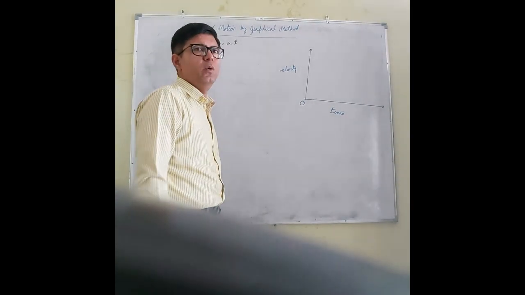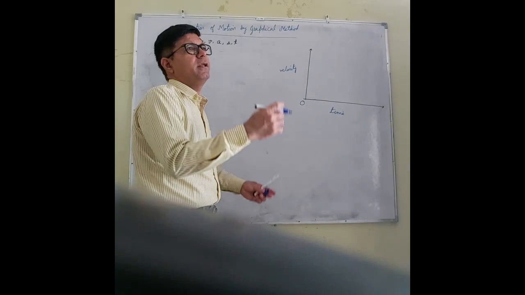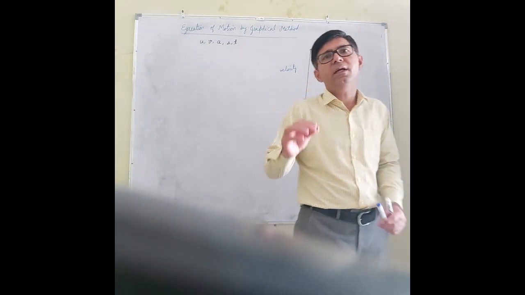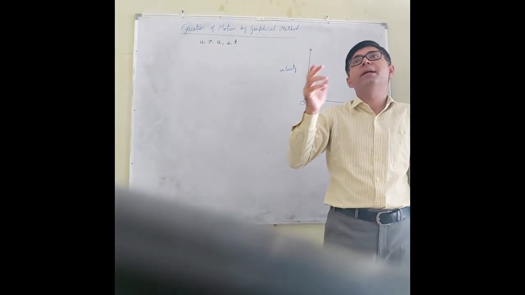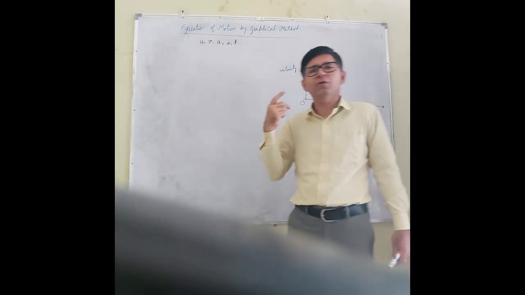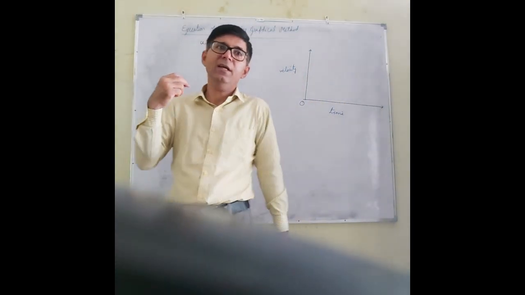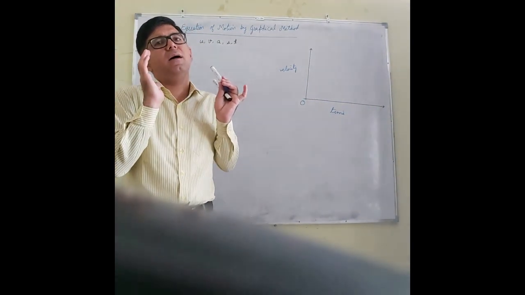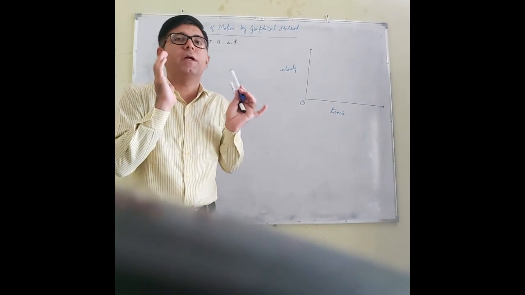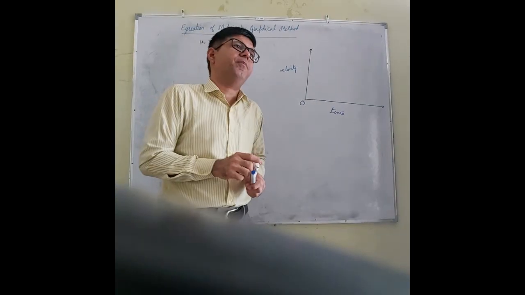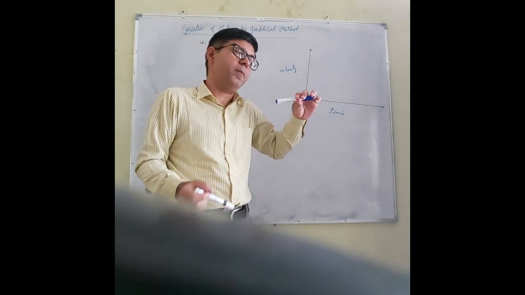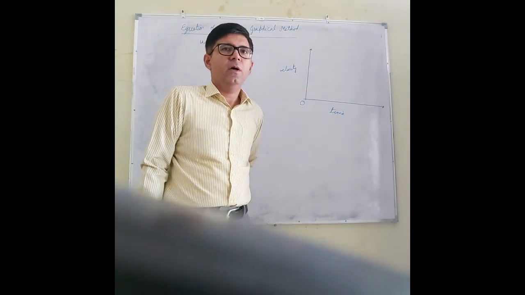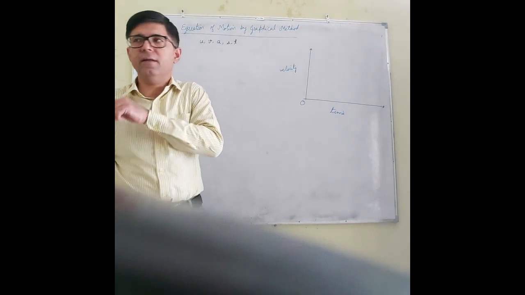If I ask you what initial velocity means, it is the velocity in the beginning. It is the velocity when you started observing a body. Let us say this marker is at rest. Now you are observing it.